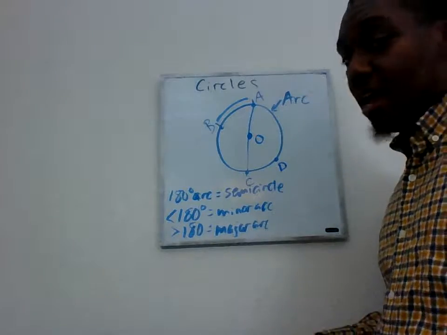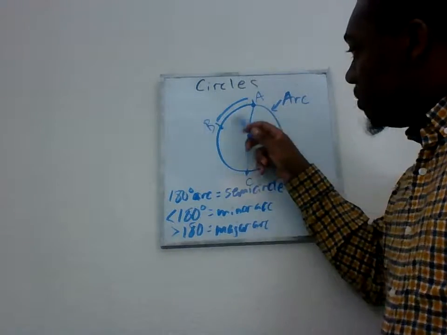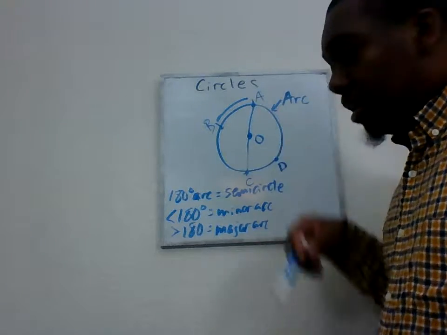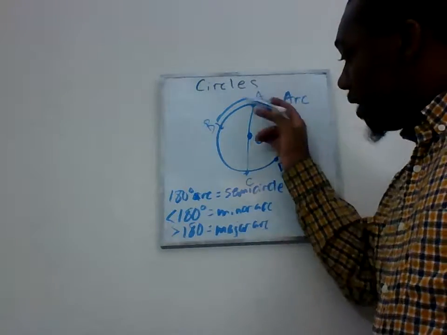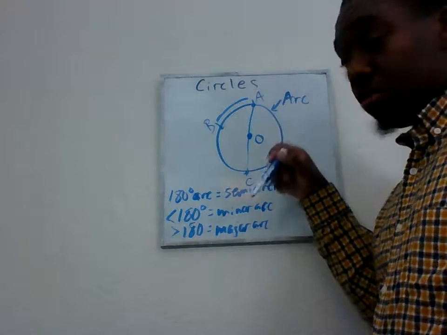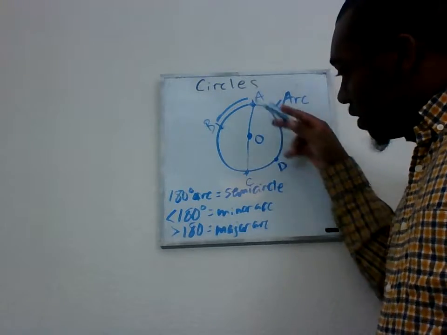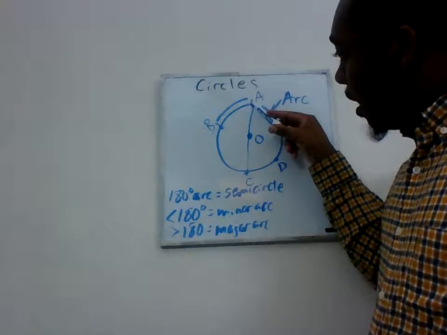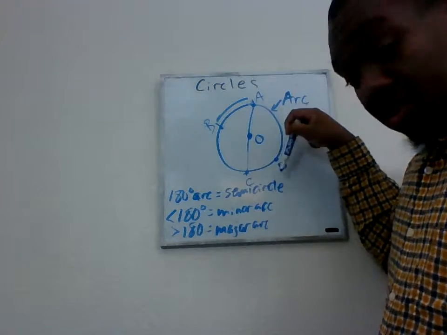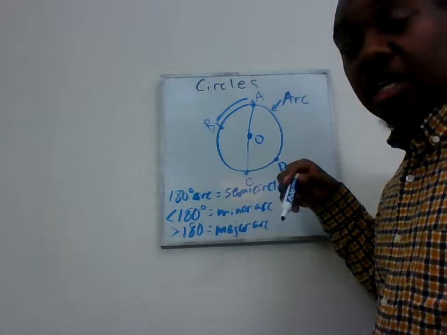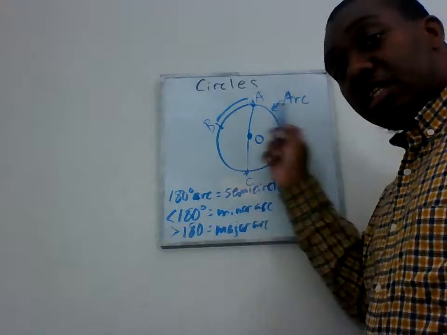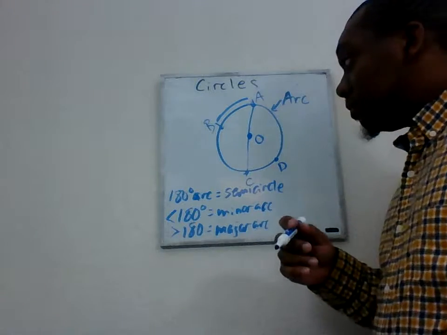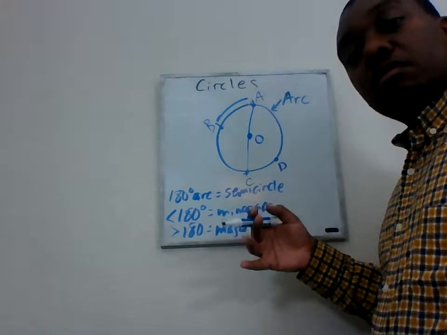Then AB is a minor arc, ABC would be a semicircle because it would go halfway around the circle, and ABD or ACD would be a major arc because it goes more than half of the circle, so more than 180 degrees. If you didn't know, a circle is 360 degrees in total. Okay, so that is an arc.